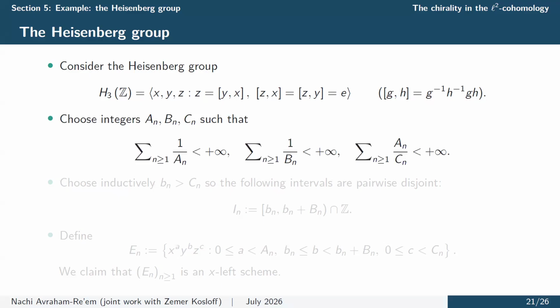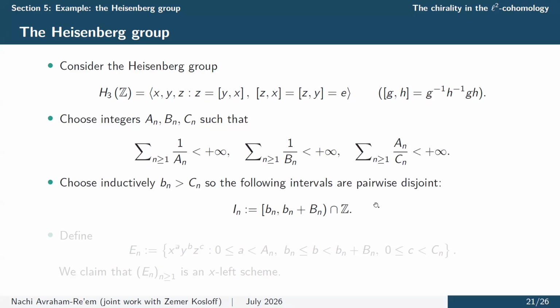Now I have these capital A_n, B_n and C_n, and I also choose a sequence of small b_n's, which grows fast, so some other disjointness properties hold. I just take a very fast growing sequence of integers b_n, so that it is larger than C_n and satisfies this property.